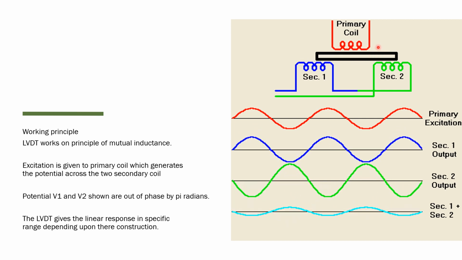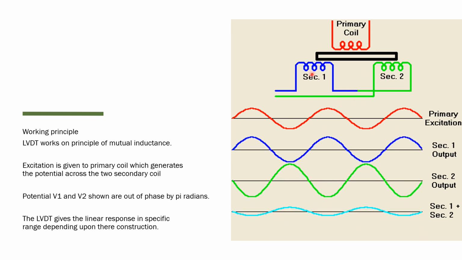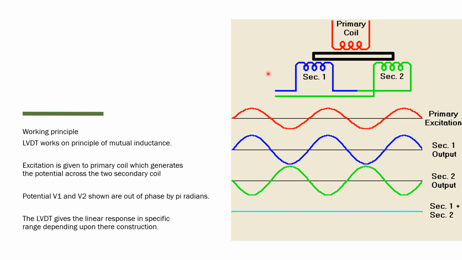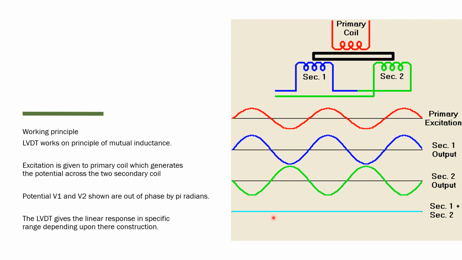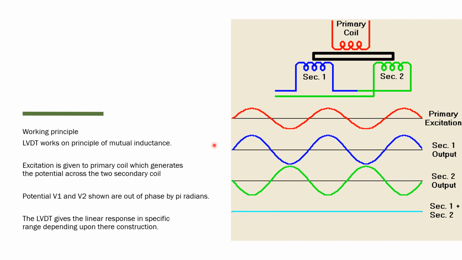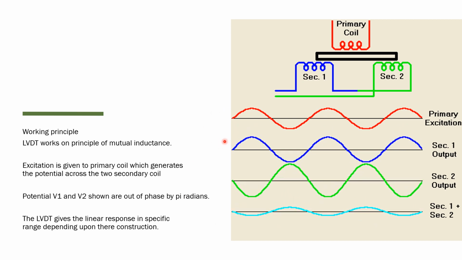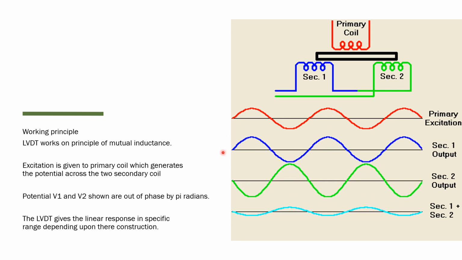So then H2 has more flux, so the output potential will not be zero, and we will have some output potential that we can see from here as well. And another thing that we have already seen is that they differ by pi radian.